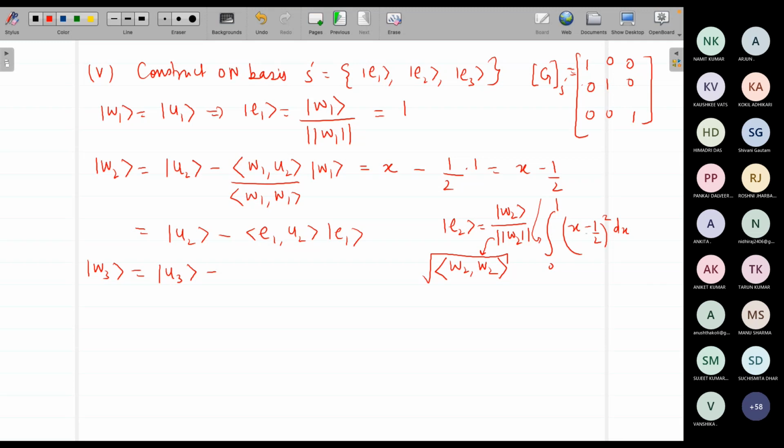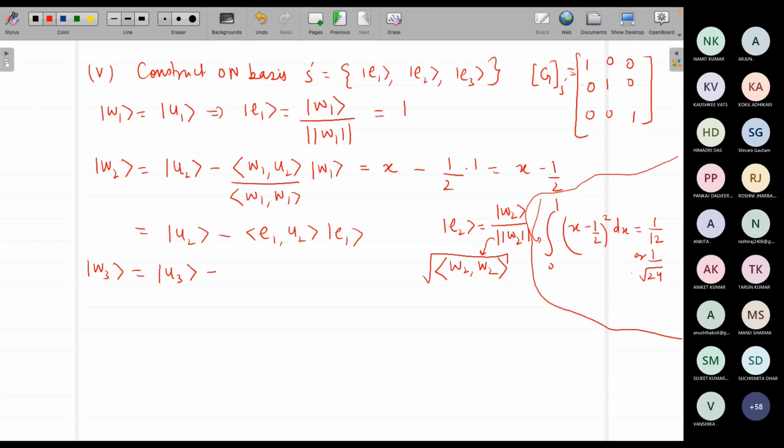So in the simplest case, you can expand it, you figure out what is the number you are getting for W2 comma W2 inner product, norm square. No, just for W2 comma W2. That is the norm square. I'm getting 1 by 12.